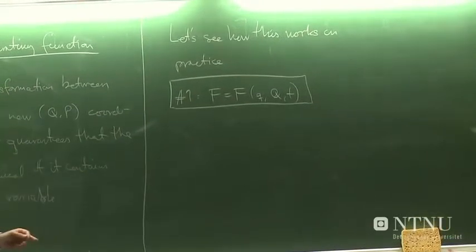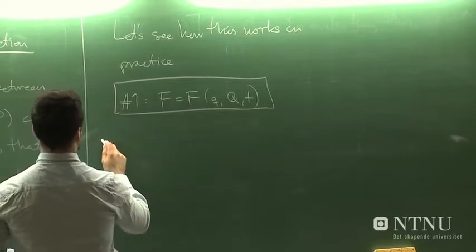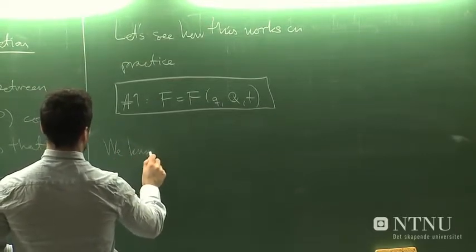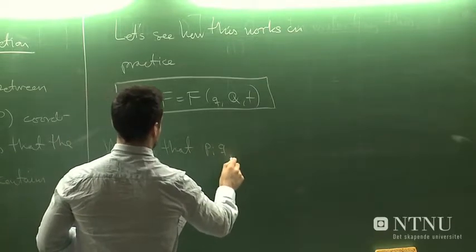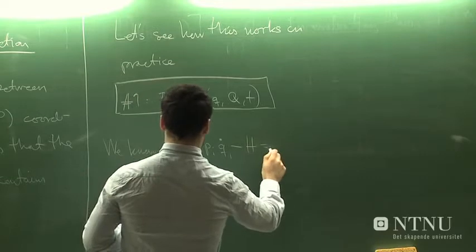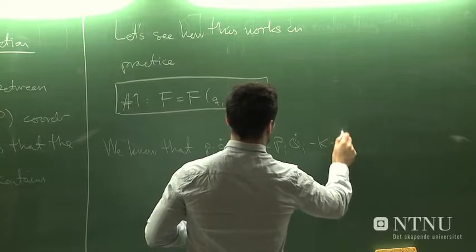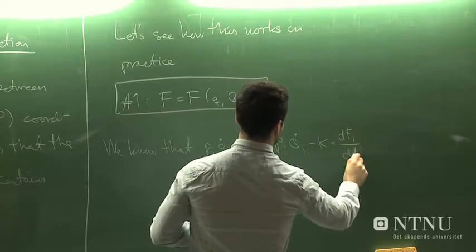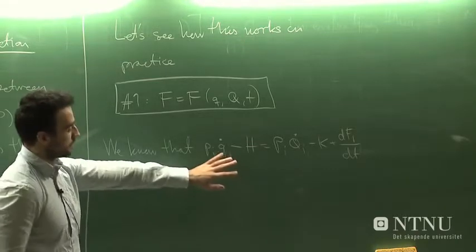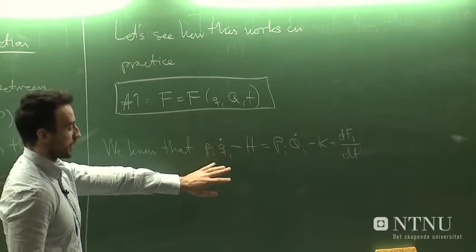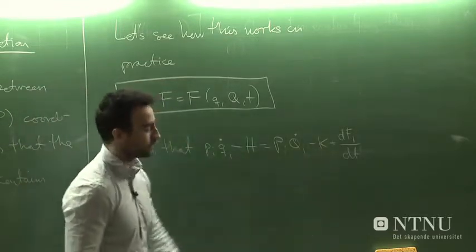F is a function of small q and large Q. Now we have the following general relation between the Hamiltonian expressed in the old coordinates and the Hamiltonian expressed in the new coordinates.